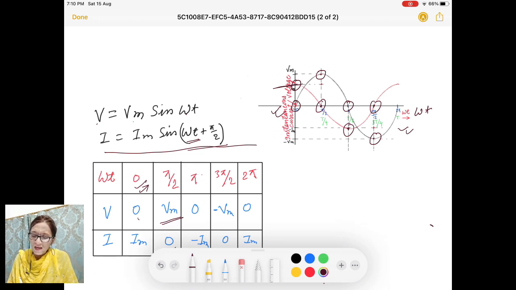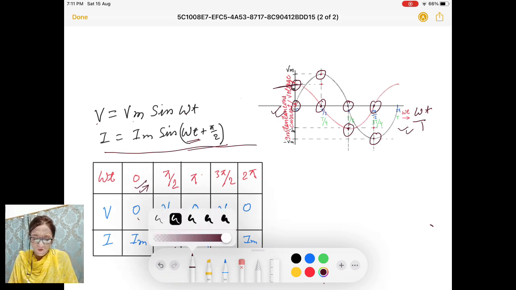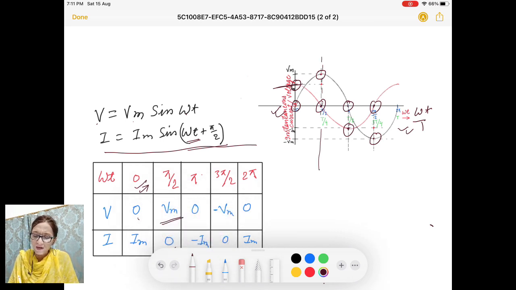You have drawn a V versus omega t graph for one complete time period. Now this graph can be divided into 4 equal parts. You have here one part, another part, third part, and this is the last part. All the values above the x-axis are taken as positive.